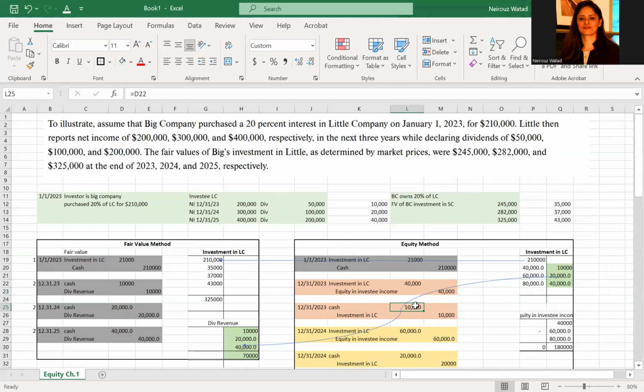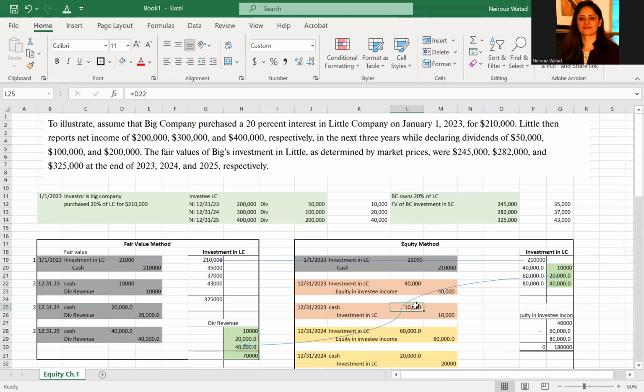Okay, remember, under the equity method, whatever the investee is doing, I'm going to do the same. Investee recognizes income, I will recognize income. How? I will increase my investment. Investee recognizes loss, I will recognize loss. How? I will reduce my investment.